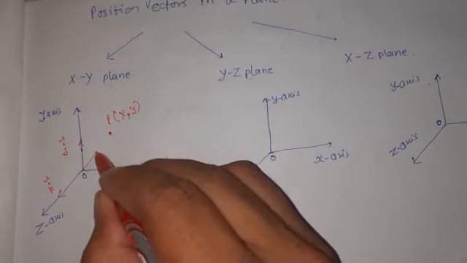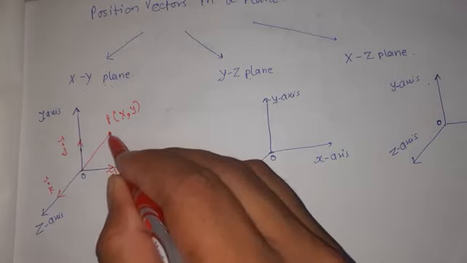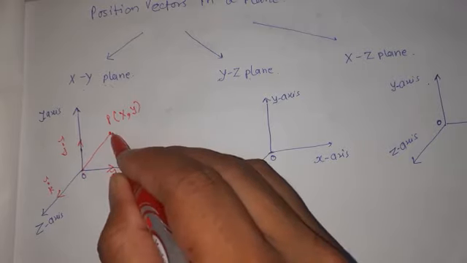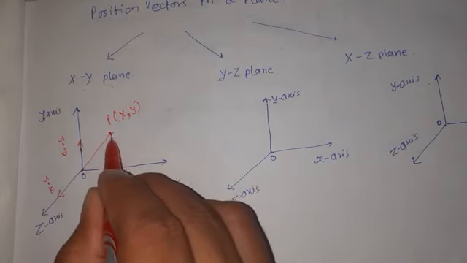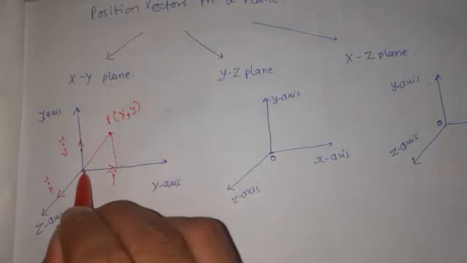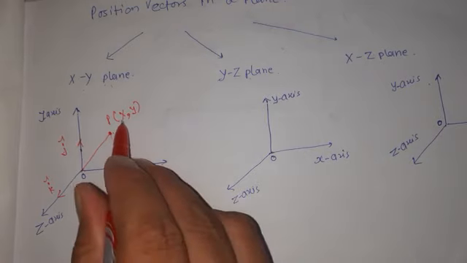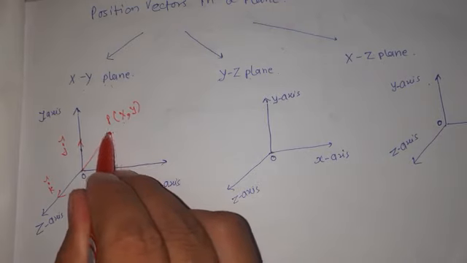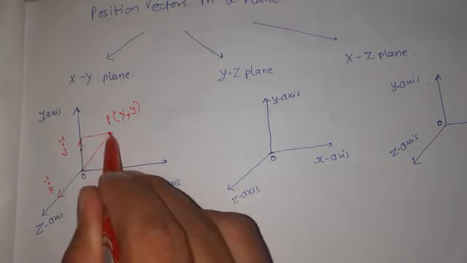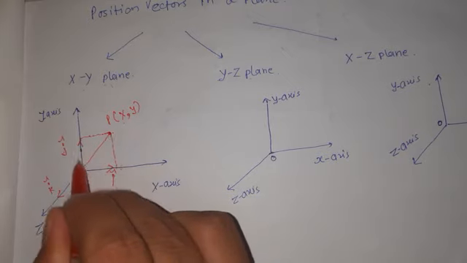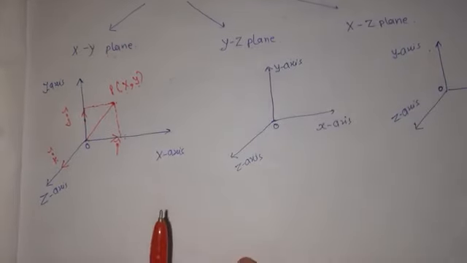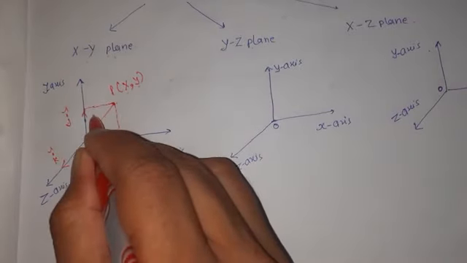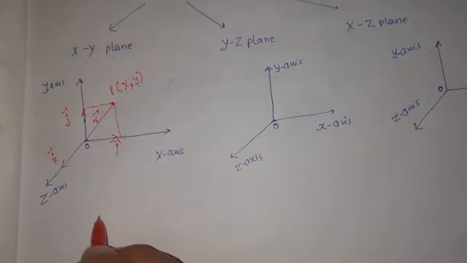Okay, and its position vector, that is OP. How will we write this? We will find that the distance along the x-axis is x, while the distance along the vertical y-axis is y. If I write this as the r vector, how will we write the given vector r?